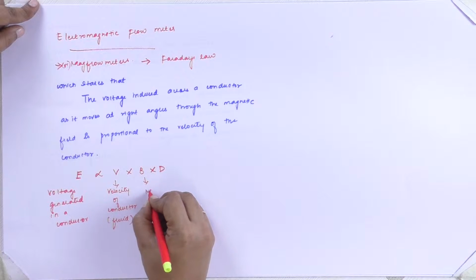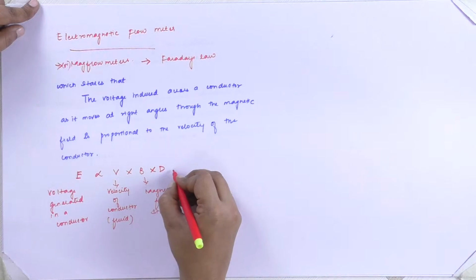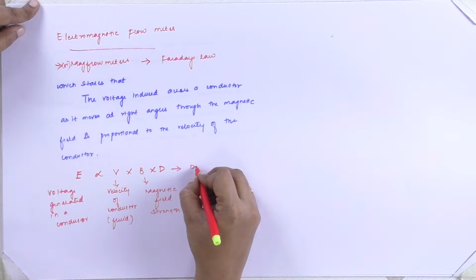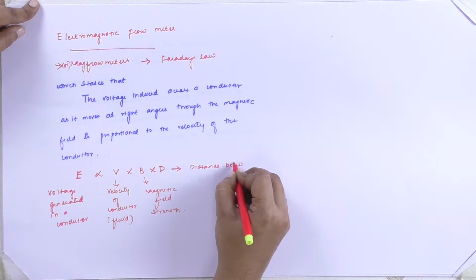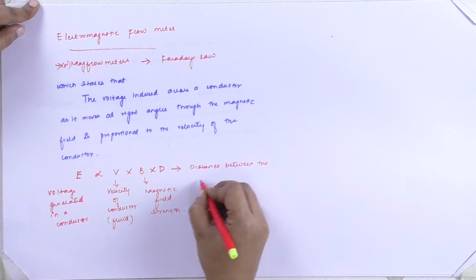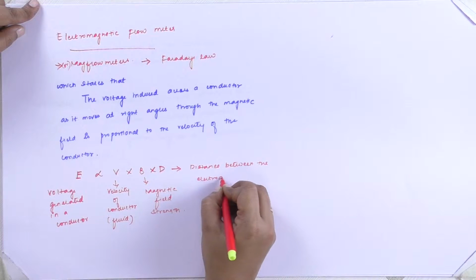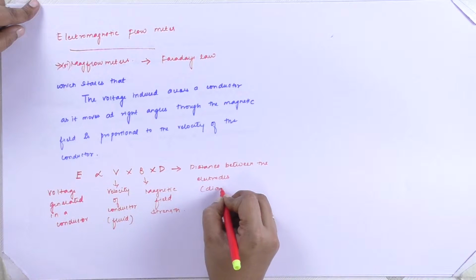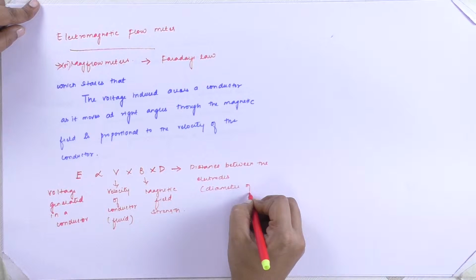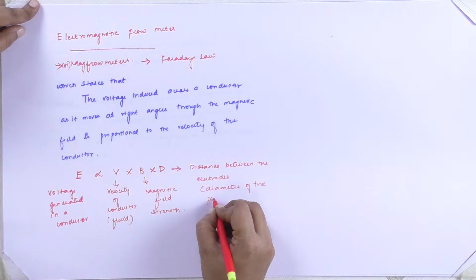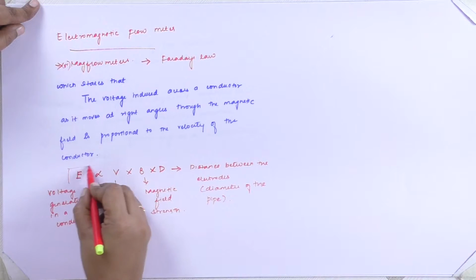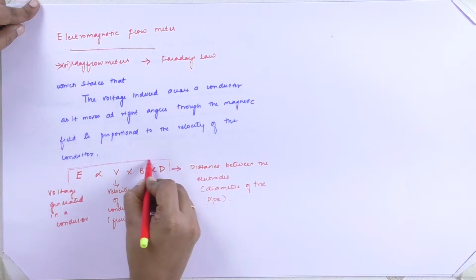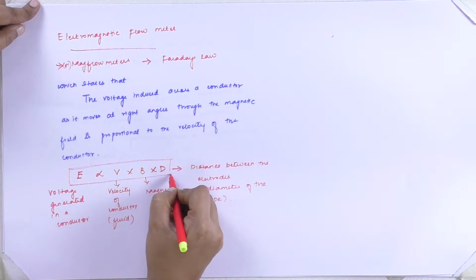Here B represents the magnetic field strength, and D represents the distance between the electrodes, or the diameter of the pipe where the fluid flows. So E will be directly proportional to V into B into D.